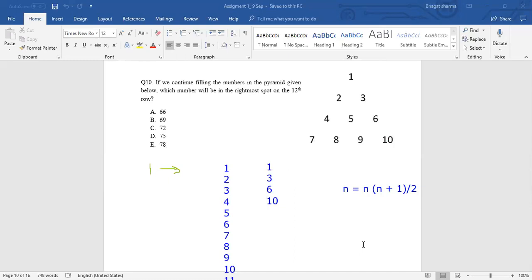If you observe it carefully, it will be 2 into 3, 6, and then divided by 2. In the third term, 3 into 4 is 12, and then divided by 2. In the fourth term, 4 into 5 is 20, and then divided by 2. If you follow the same way, for the 12th, 12 into 13 is 156, divided by 2, 78.